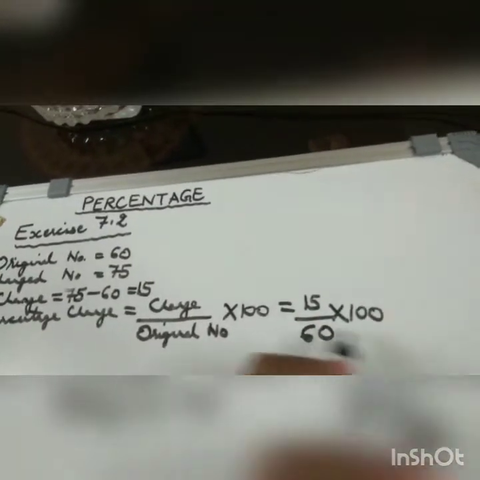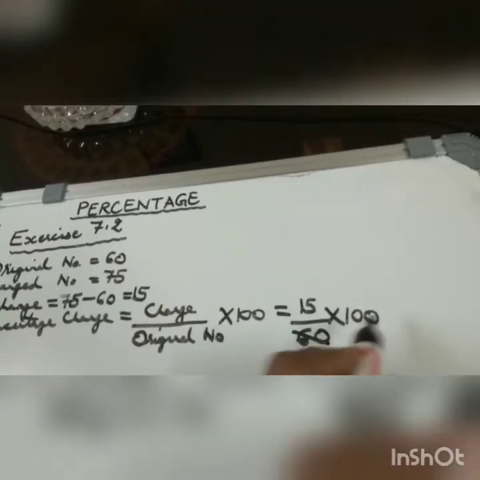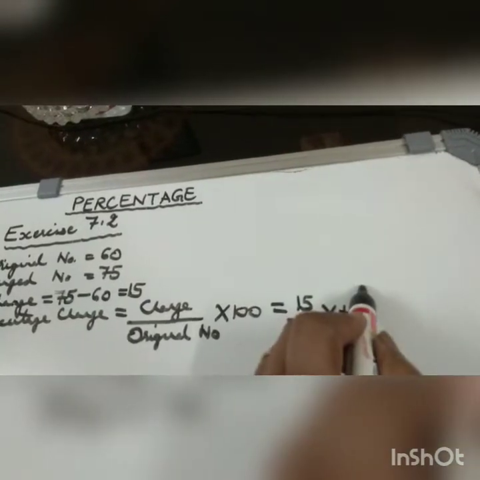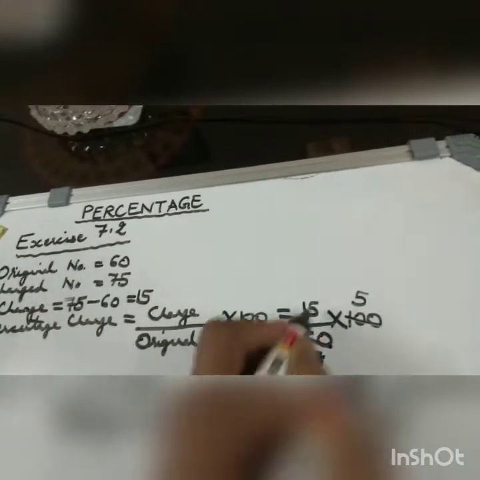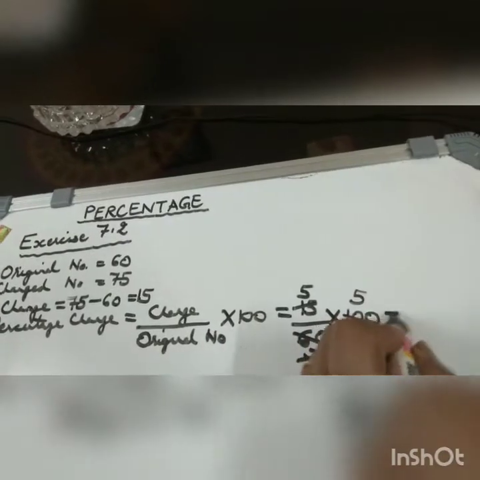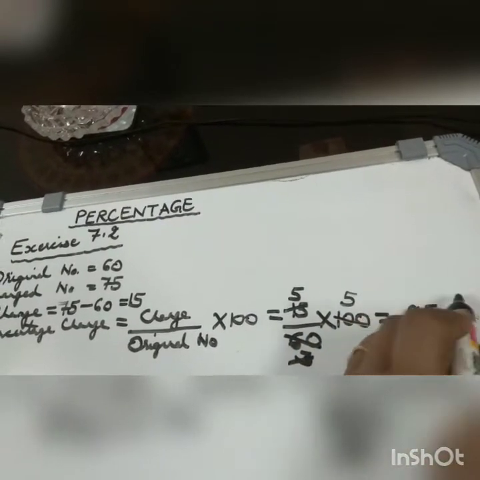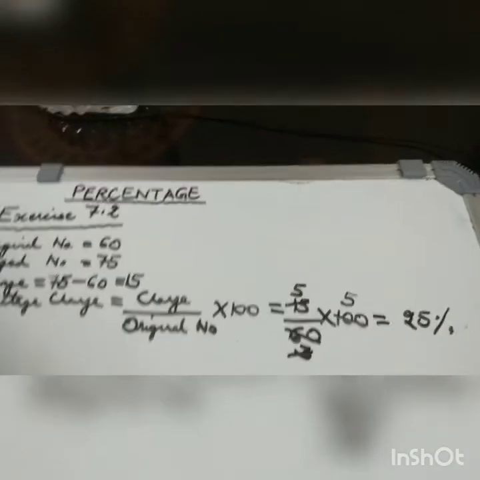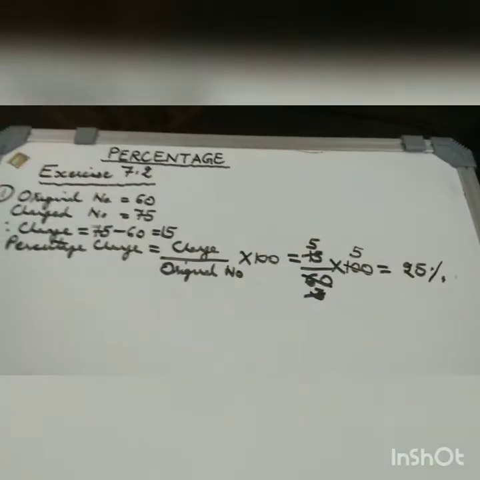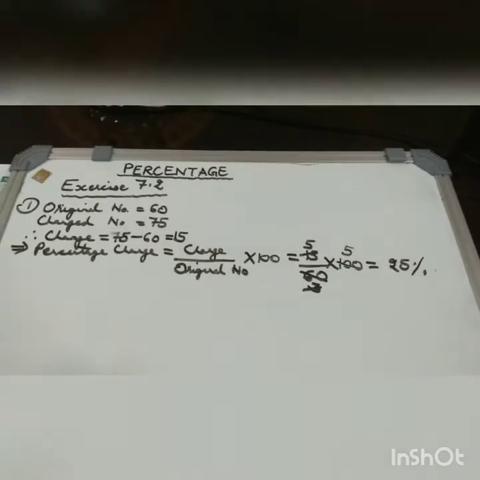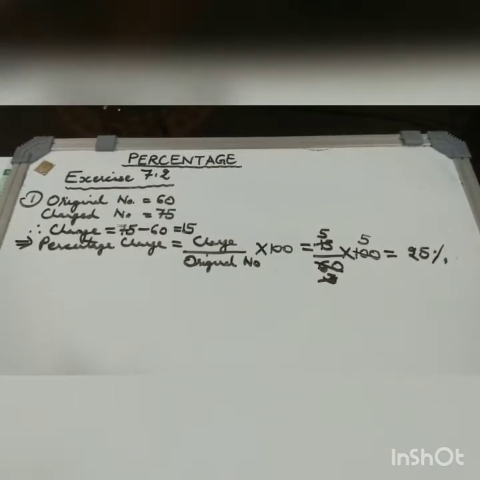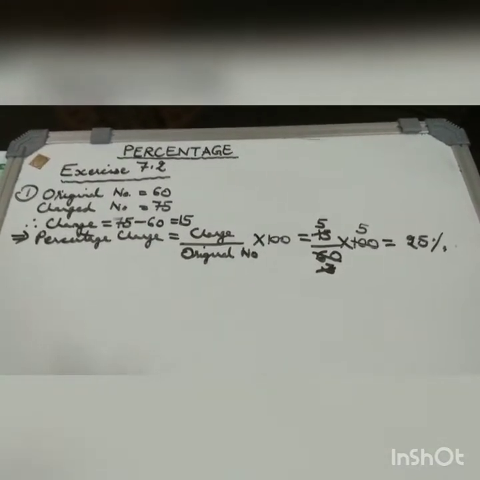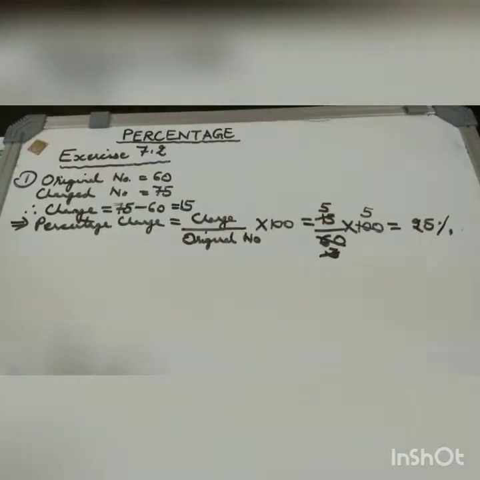So you can do 3 fives are 15, 3 twenties are 60, and 3 and 5. 5 into 5 becomes 25%. Is it okay? Hence, this is your percentage change required for the answer. Now I go to question number 2.